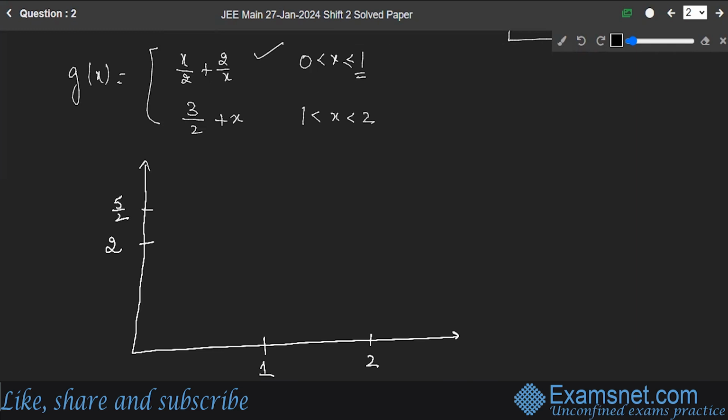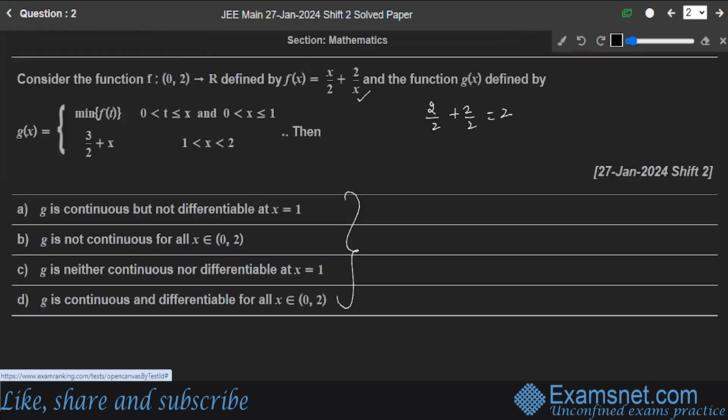Now, for this graph, if I'm putting x is equal to 1, this will be 1 by 2 plus 2. So this will be 2.5, or this will be equal to 5 by 2. So when I'm putting x is equal to 1, it will have this value. This graph will go something like this. Wait, I'll remake this one.